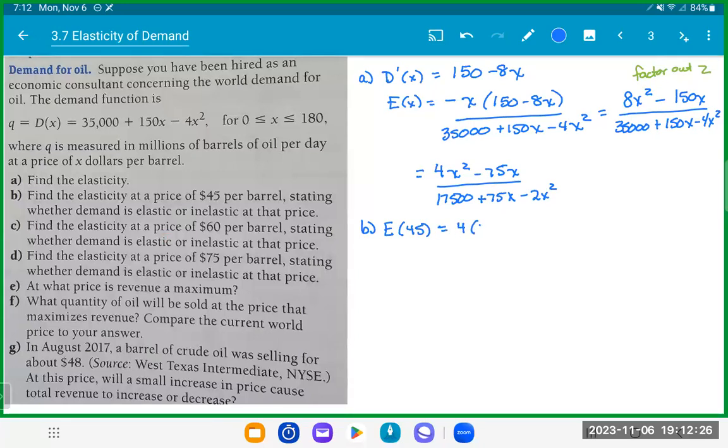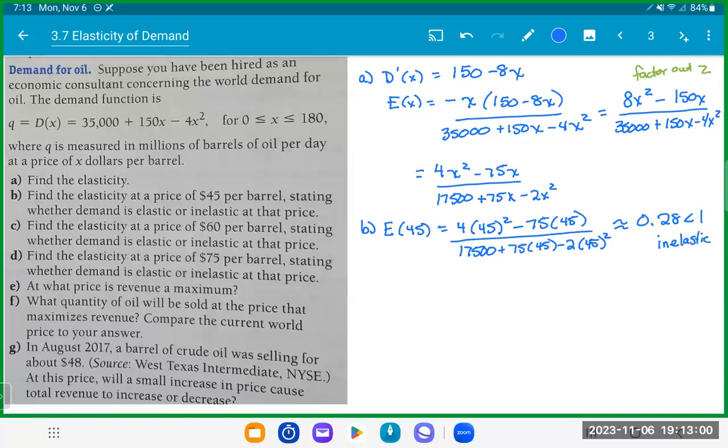We have 4 times 45 squared minus 75 times 45 divided by this 17,500 plus 75 times 45 minus 2 times 45 squared. Okay. And that is going to simplify to 0.28, which is less than 1.